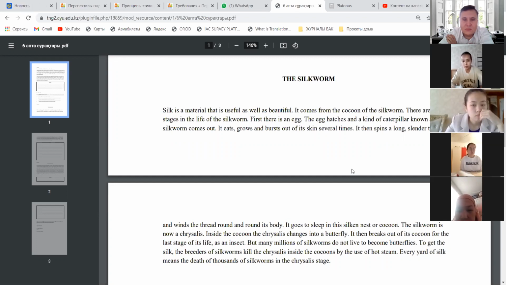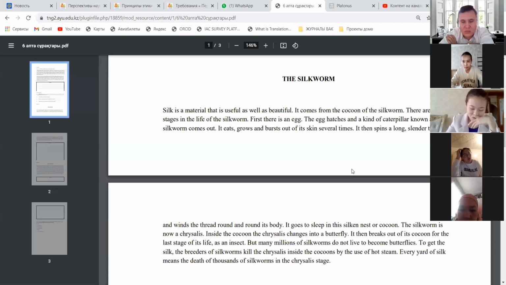It goes to sleep in the silken nest, the cocoon. The silkworm is now a chrysalis. Inside the cocoon, the chrysalis changes into a butterfly. It then breaks out of its cocoon for the last stage of its life as an insect.